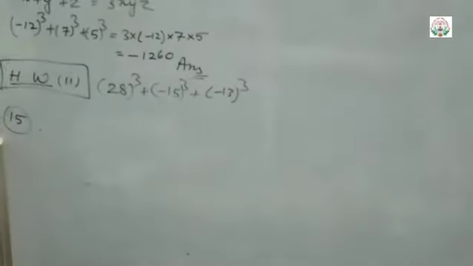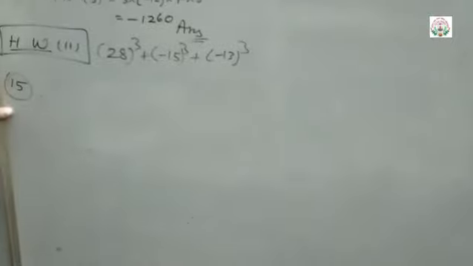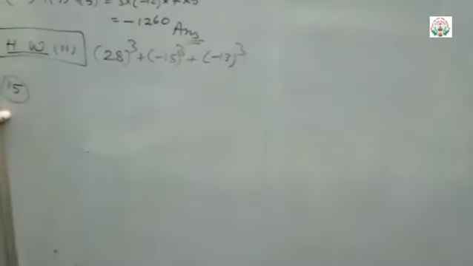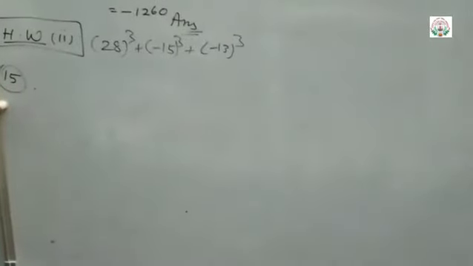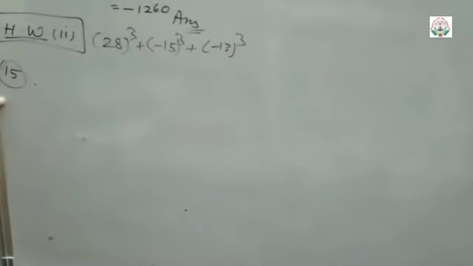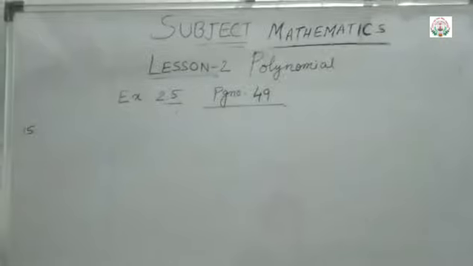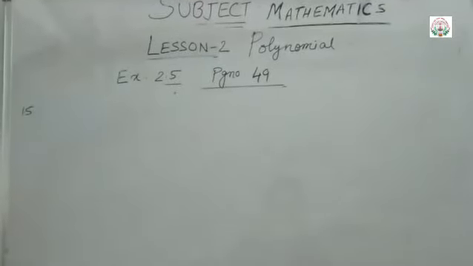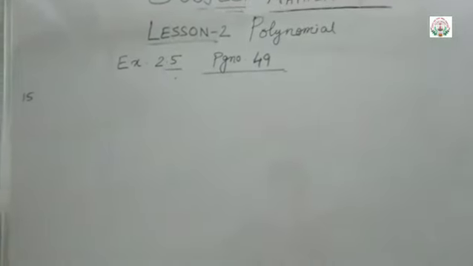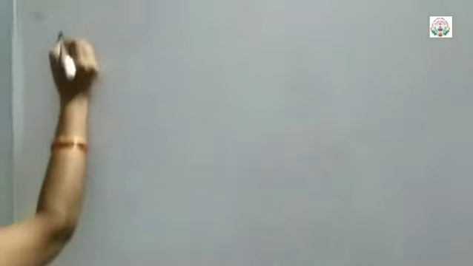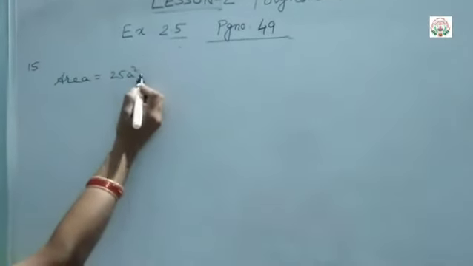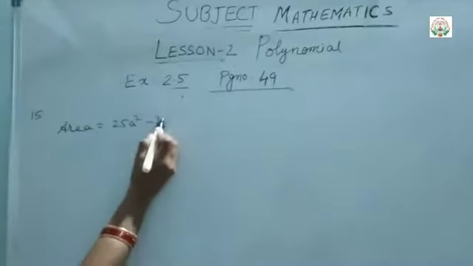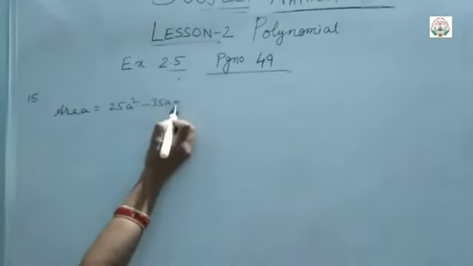What is given in the 15th one? Give possible expressions for the length and breadth of the following rectangles in which their area is given as this. So area equals how much? 25a square, then minus 35a and then plus.